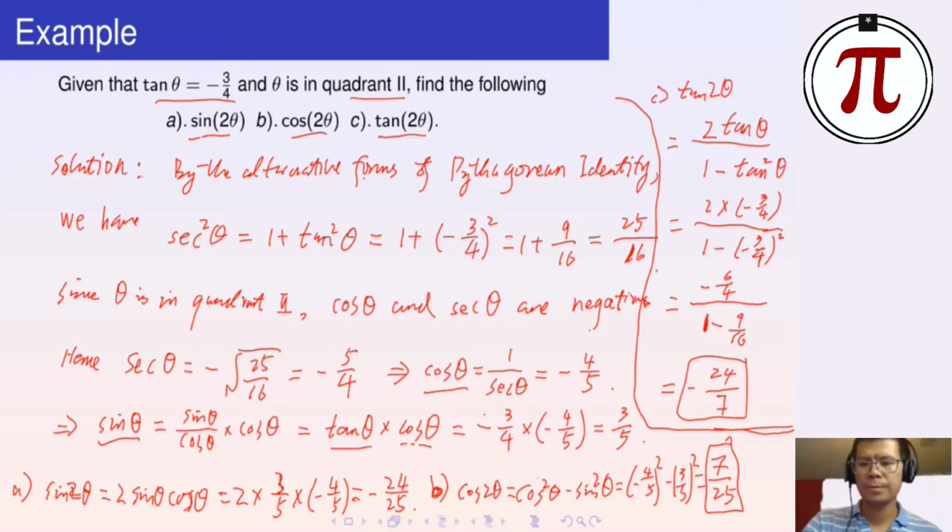All right, so basically what we did for this one is you have to find out the sine and cosine values, right? Well, tangent is given. In order to use a double angle formula, we need what? The value for sine, the value for cosine, and the value for tangent, right?